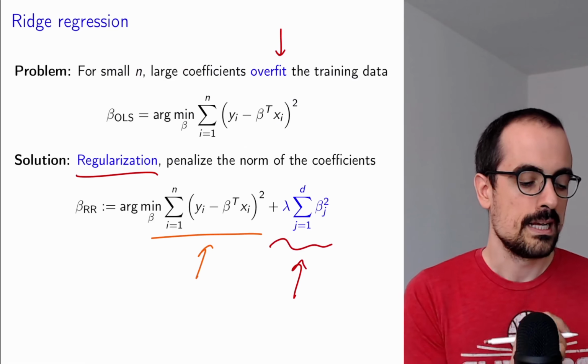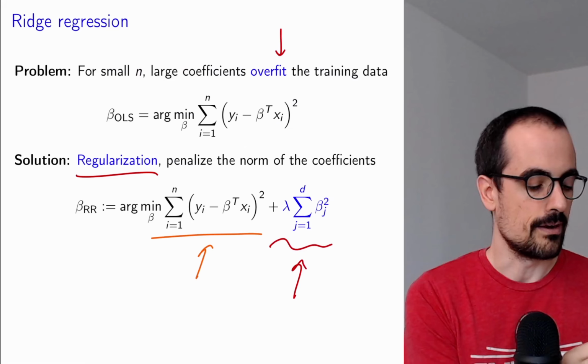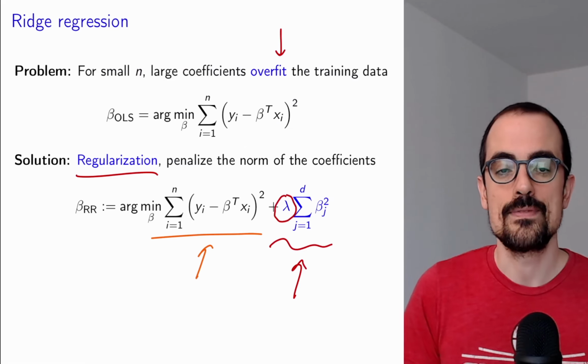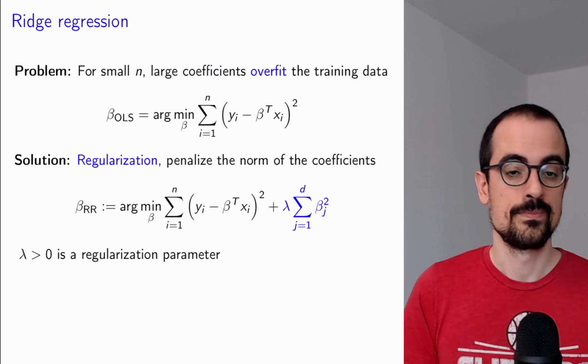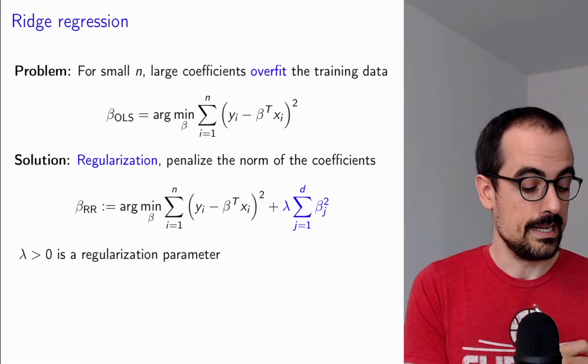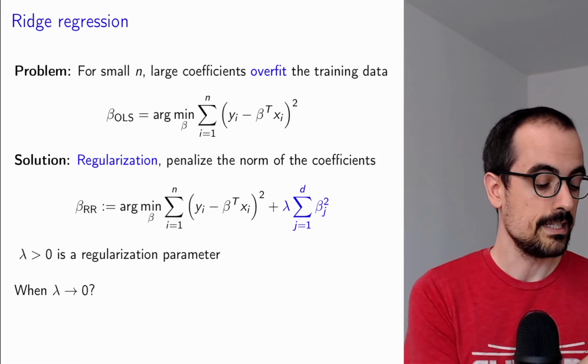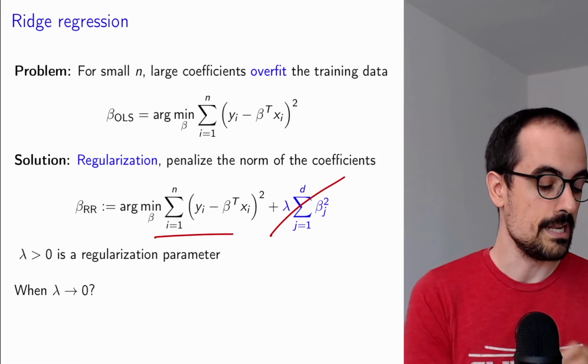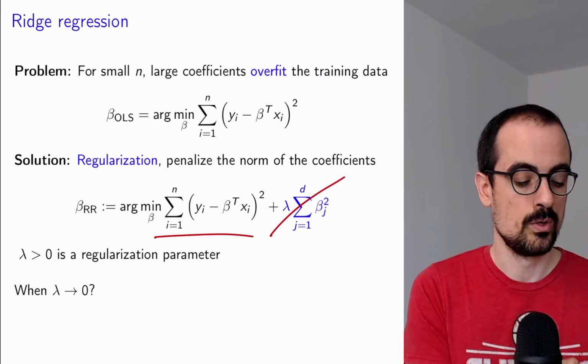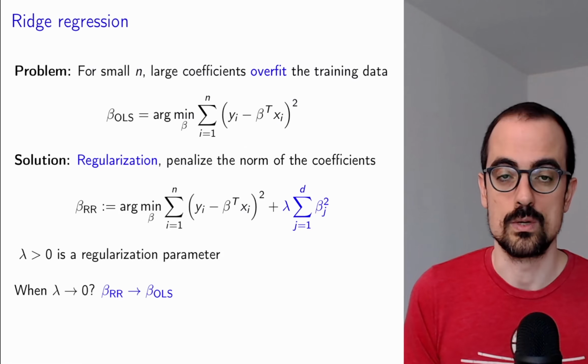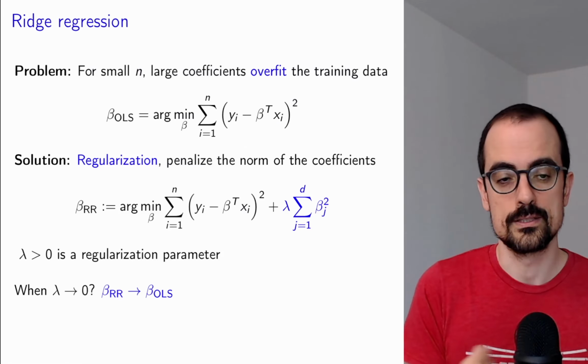So here, the importance of the regularization term is governed by this regularization parameter lambda, which is a positive constant. If lambda is very small, then this term doesn't matter, and we're just minimizing the training error, and we end up with something like the ordinary least squares estimator, or very close to it.